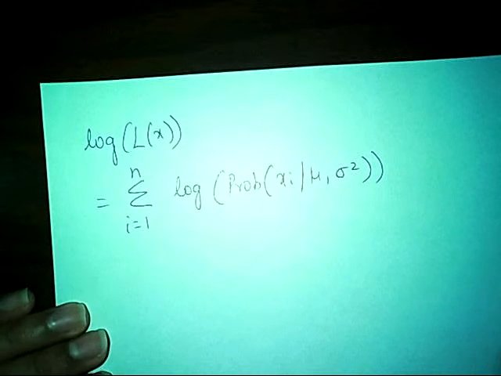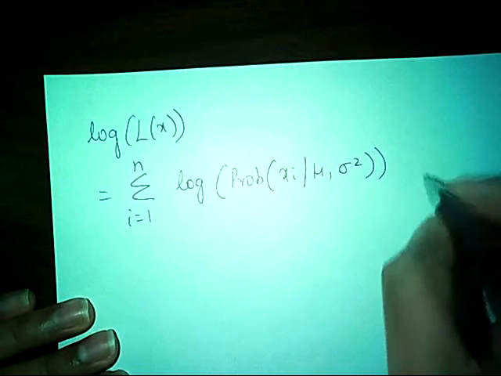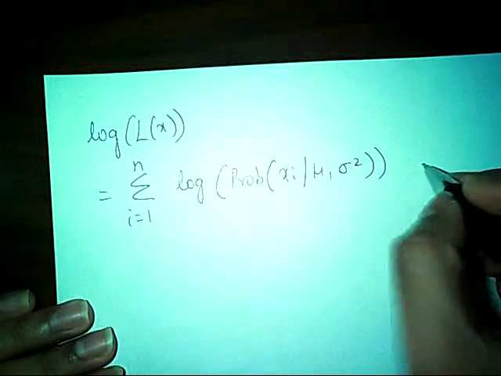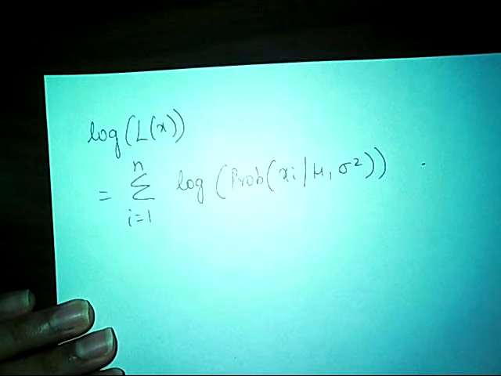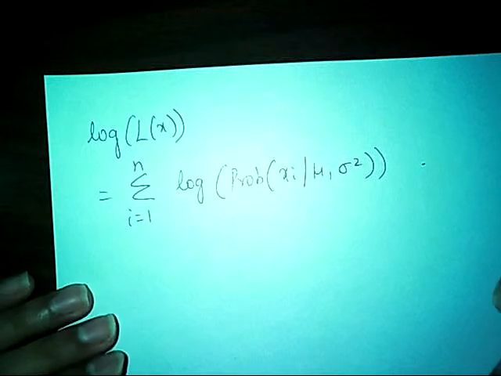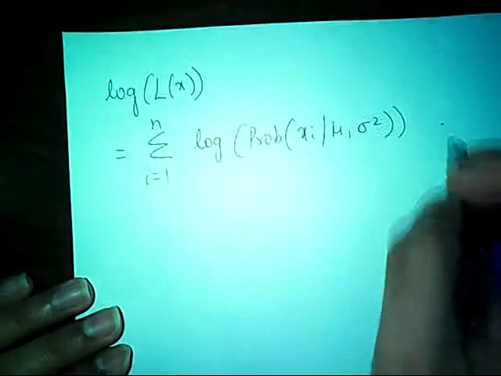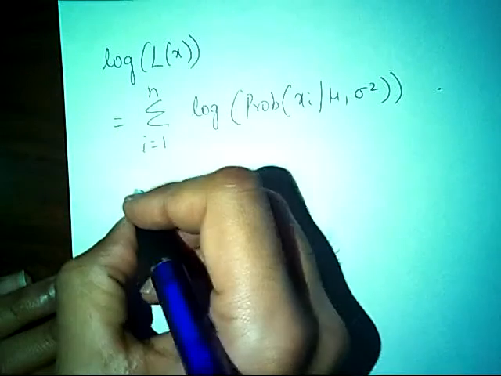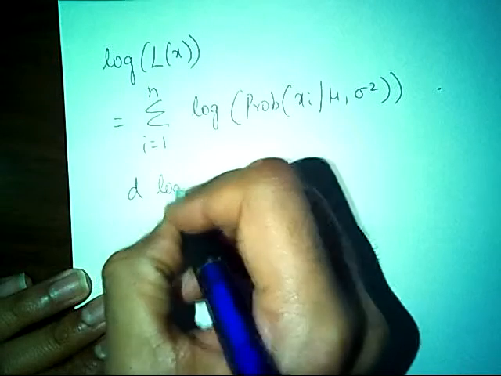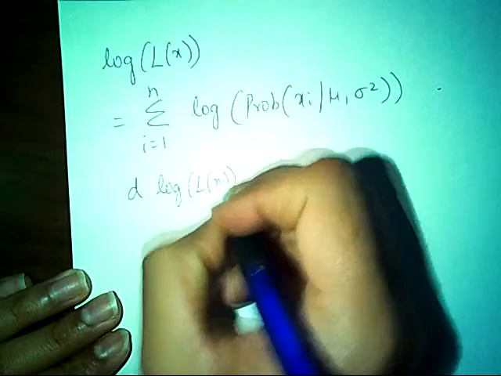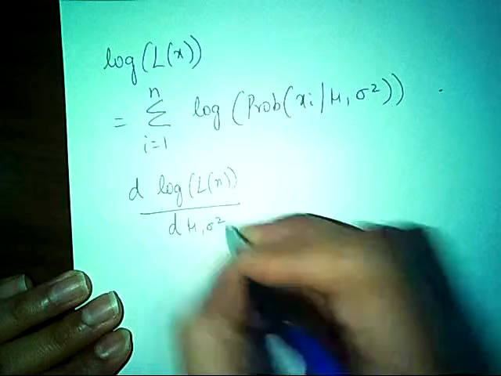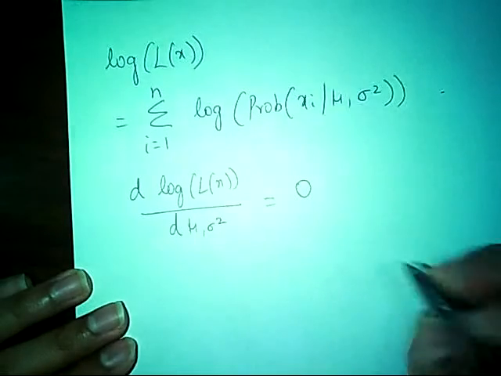And we are going to equate the derivative of the log of this function to 0. So once we have the log likelihood, we are going to take the derivative of the log likelihood over the parameters, and we are going to set it to 0.